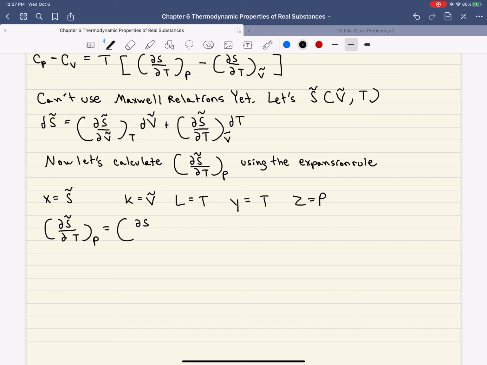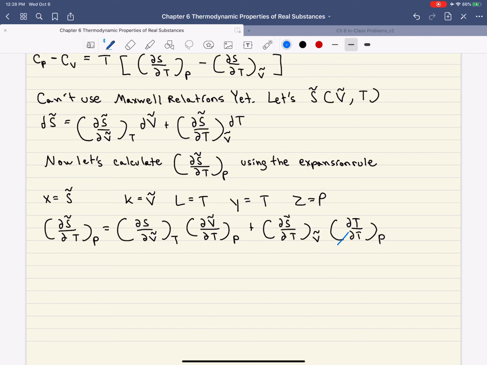Okay? All right, so if we apply the expansion rule, what we get is dS dT at constant P is going to be equal to dS dV at constant T times dV dT at constant P plus dS dT at constant V times dT dT at constant P. Okay, so we're just following the template for the expansion rule.